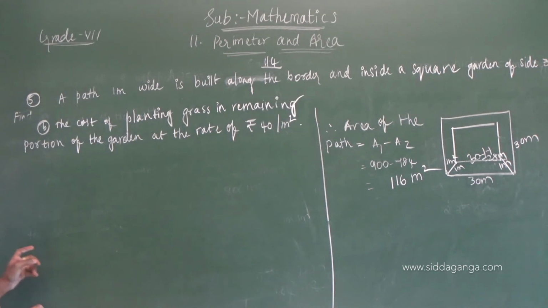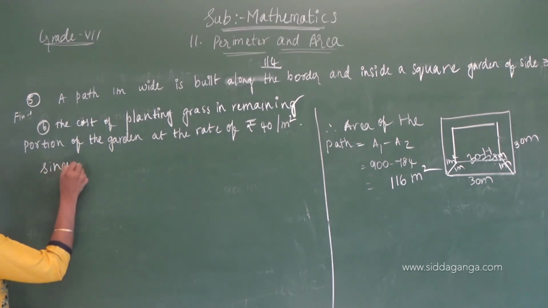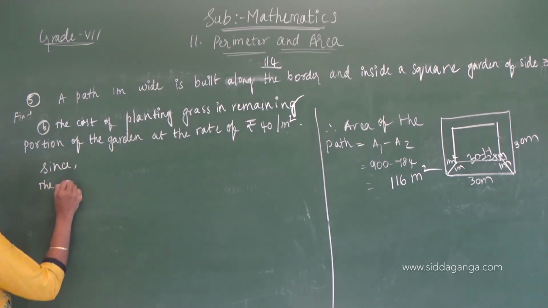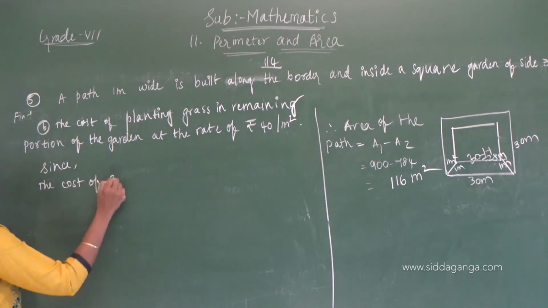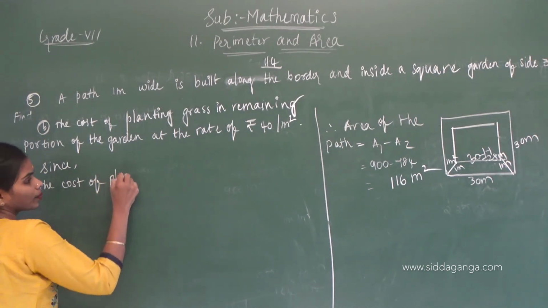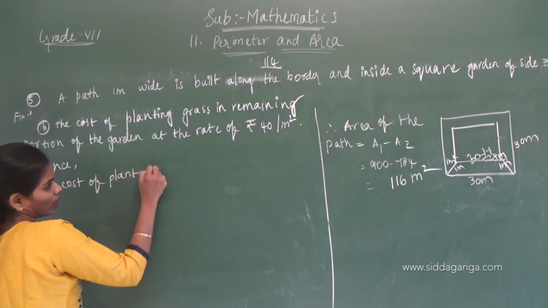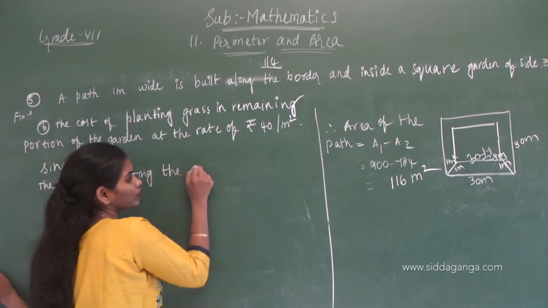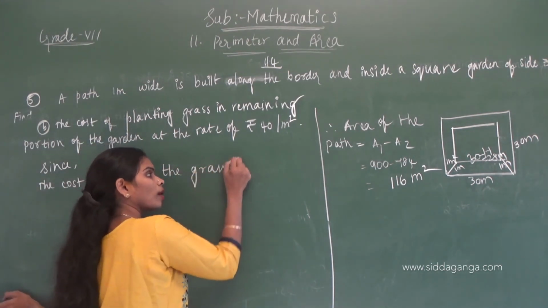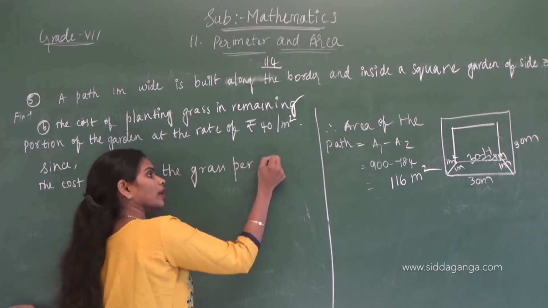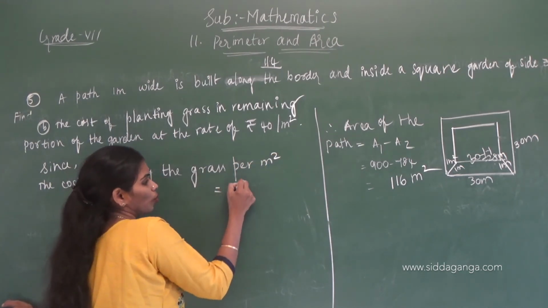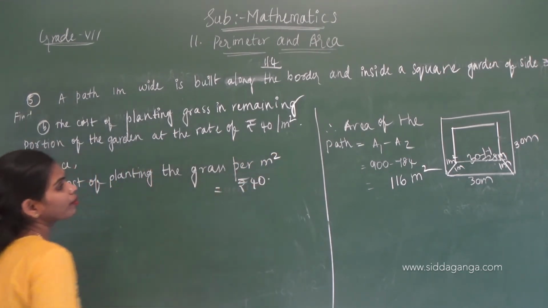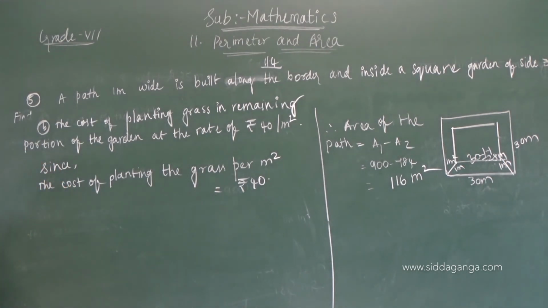Firstly, you have to write the cost of planting the grass per meter square equals rupees 40.